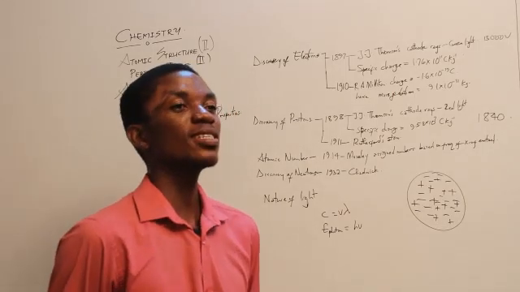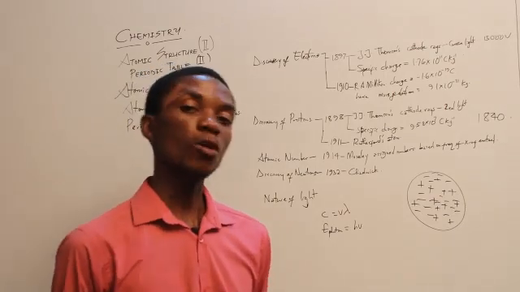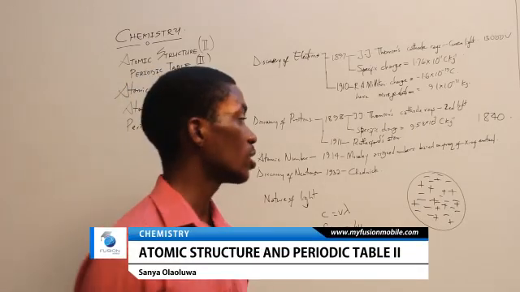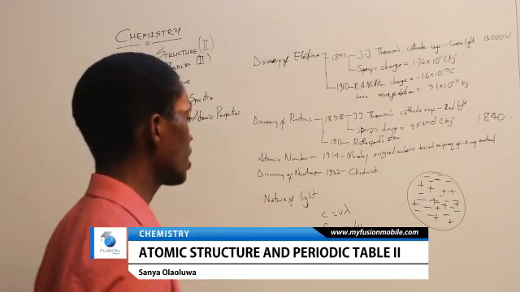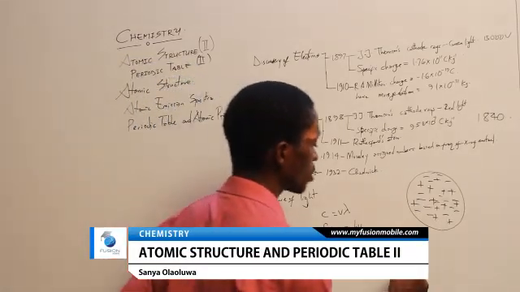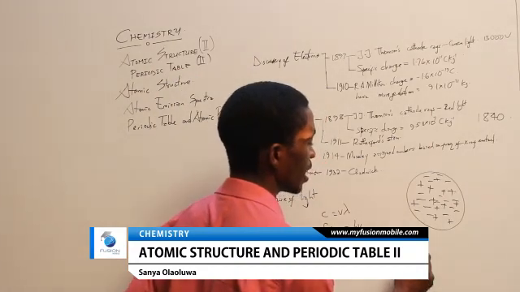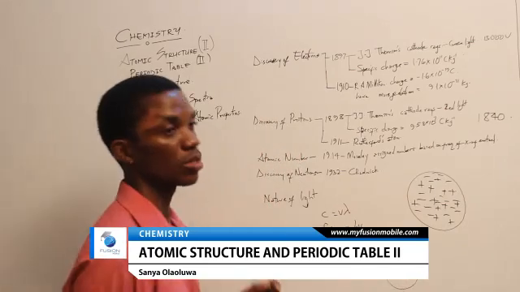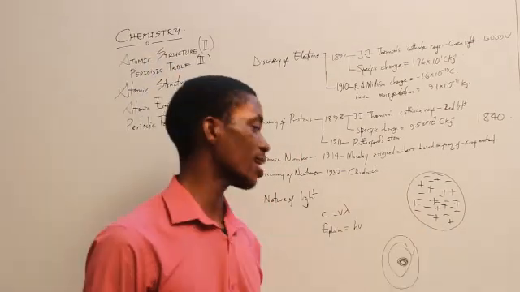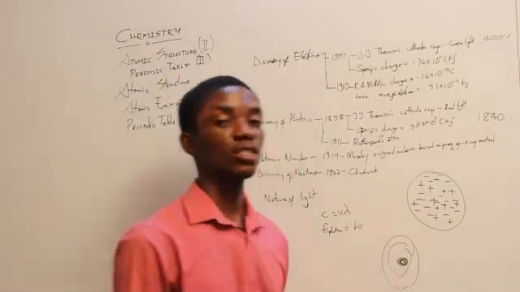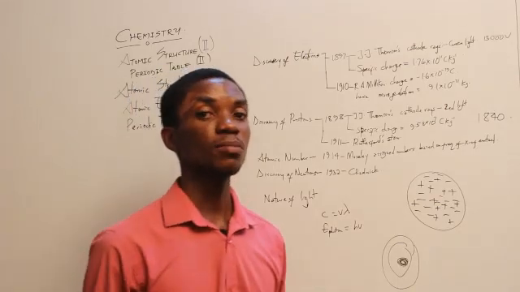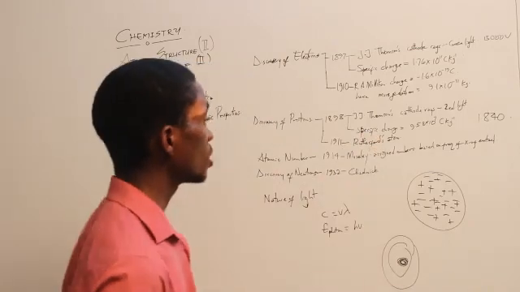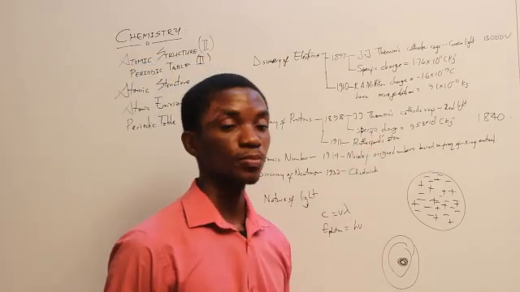In fact, the core is super small compared to the size of the entire atom. So he came up with the concept that there is a nucleus and there are orbitals around the nucleus. On the orbitals we find the electrons, and in the nucleus we find the proton and the neutron. That was why we came up with Rutherford's atom.